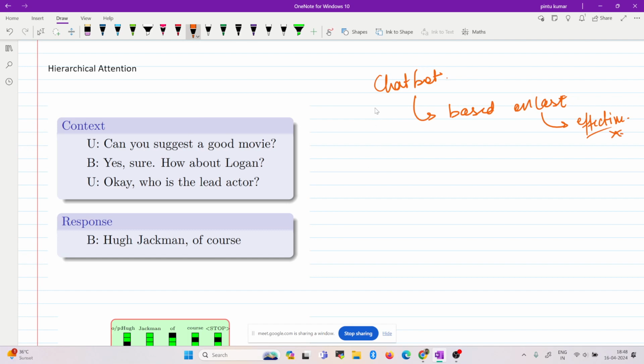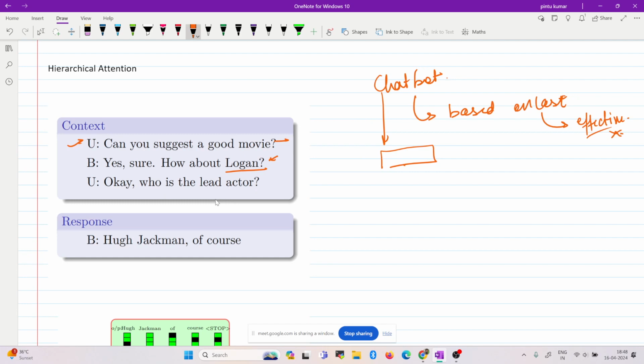Okay, so what are the good qualities of a chatbot? It should keep in mind whatever conversation is going on, and based on it, it should reply, right? So for example, over here, some user asks, can you suggest me a good movie? So the bot says, yes, sure. How about Logan? So Logan is the movie that is suggested. So the user asks, okay, who is the lead actor?